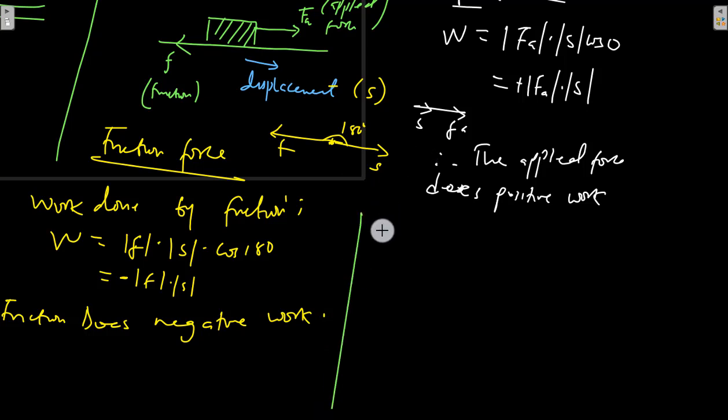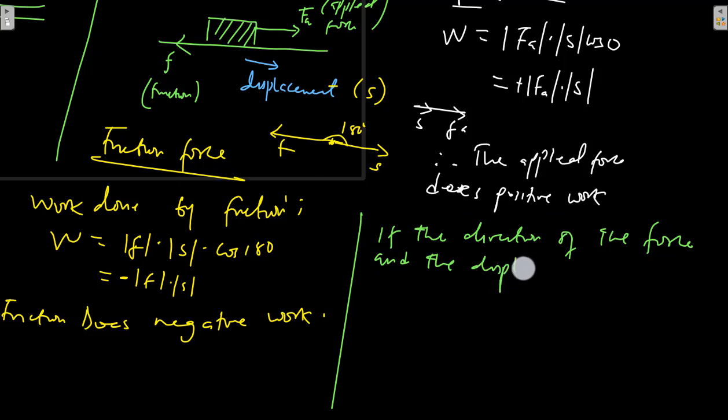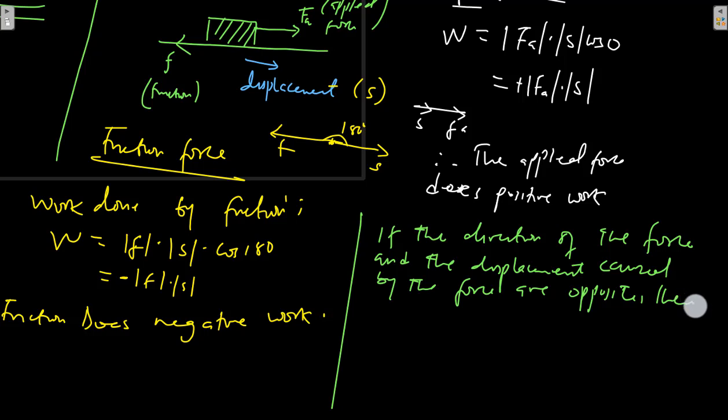It's very important that if the direction of the force and the displacement caused by the force are opposite, then the force does negative work. Otherwise it does positive work.